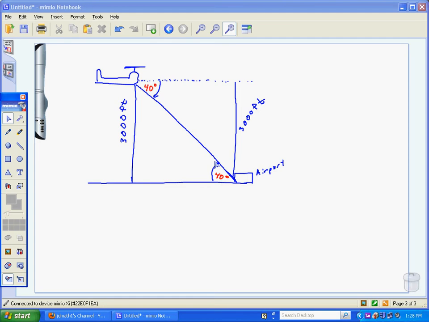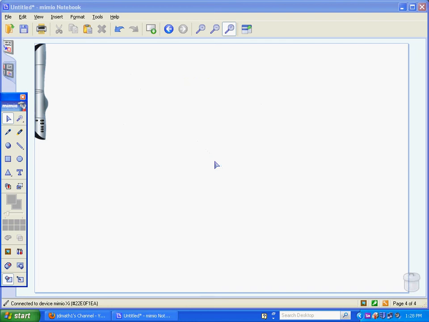Alrighty. So now, a refresher: the angle of elevation and the angle of depression are really the same. They're just in two different spots. Now let's see an example.